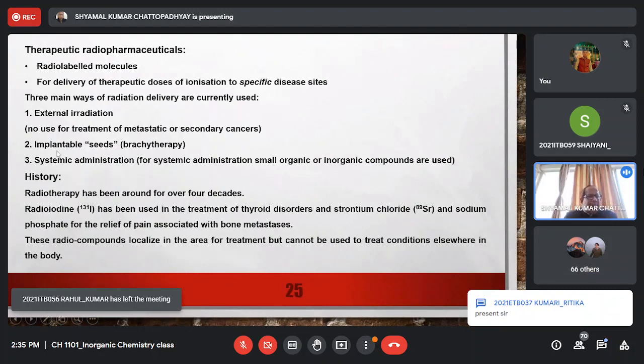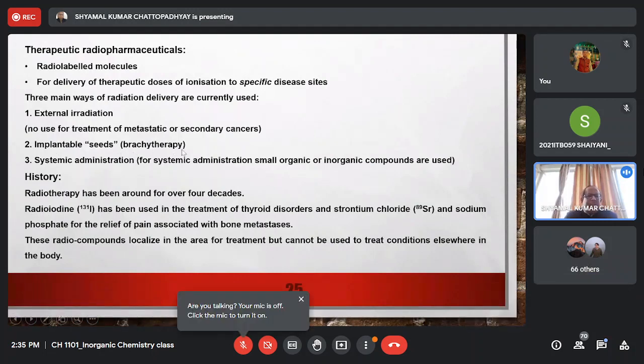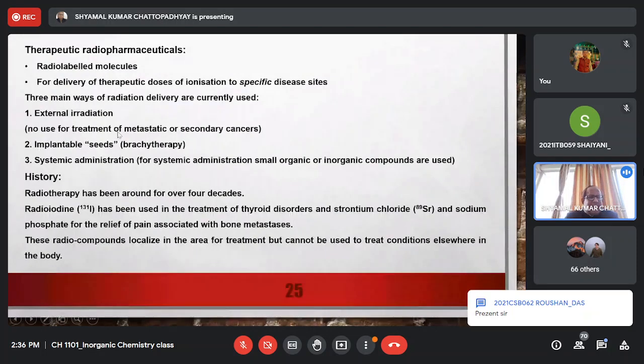Then in some cases there is what is called brachytherapy, where a radioactive nucleus is usually co-crystallized with certain innocent crystal, and those crystals are used as seeds, right? They are implanted as seeds.